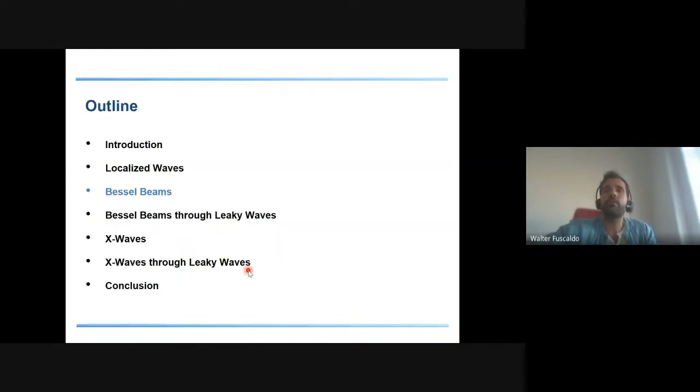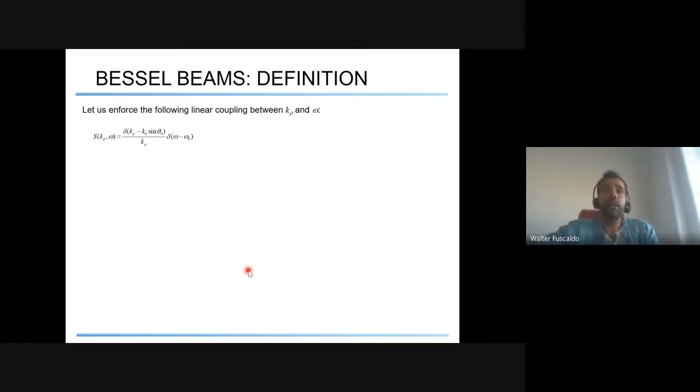So the first kind of beam that has a linear coupling between the radial wave number and the frequency is the Bessel beam. Since it is a monochromatic beam, we will have a Dirac delta function for the dependence with respect to the frequency that enforces the monochromatic character of the solution.